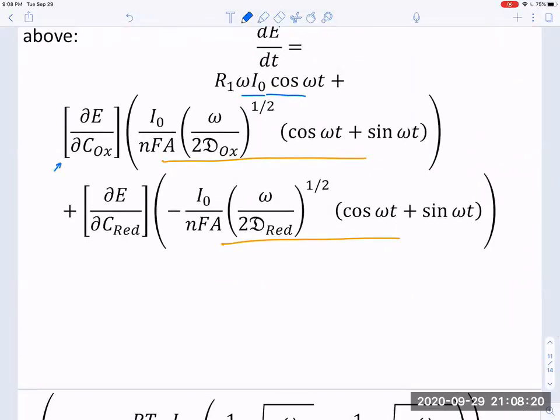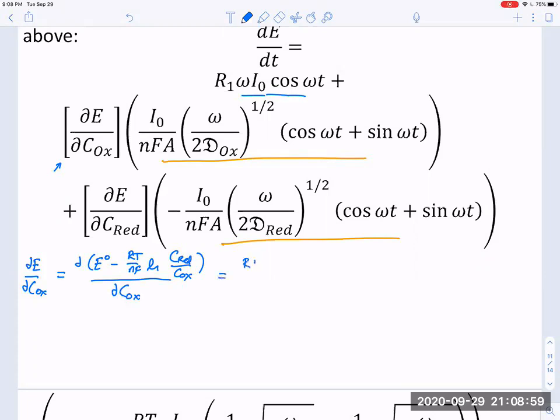Let's specifically look at this one. We're also going to say that the partial derivative of the voltage with respect to the oxidized species concentration is going to be the partial derivative of, using our Nernst equation, minus RT over NF log of the reduced species over the oxidized species, that's the voltage there, with respect to the oxidized species concentration.